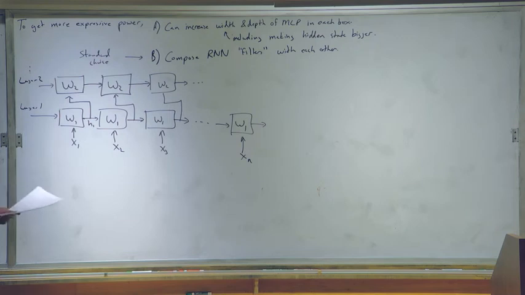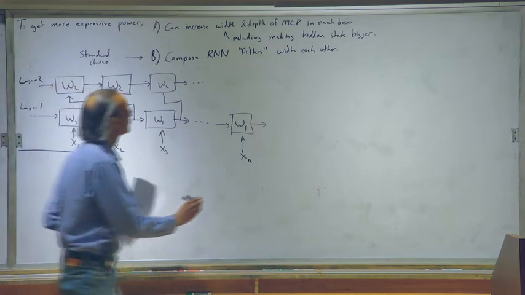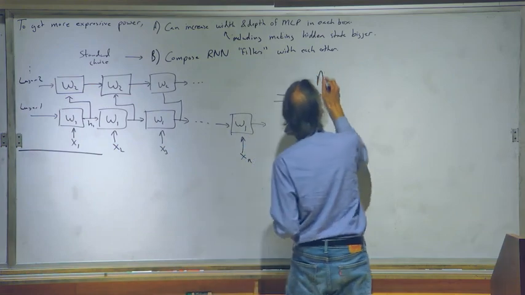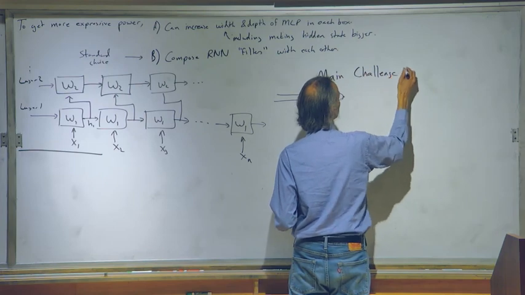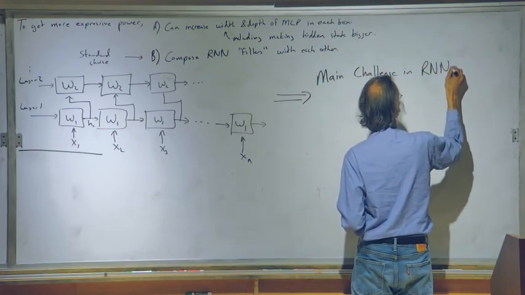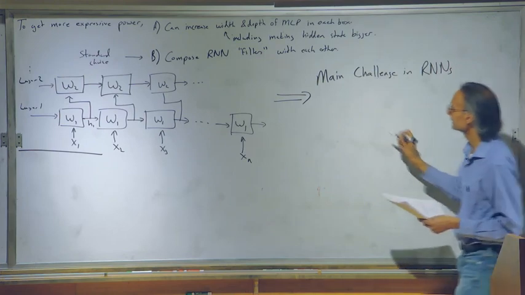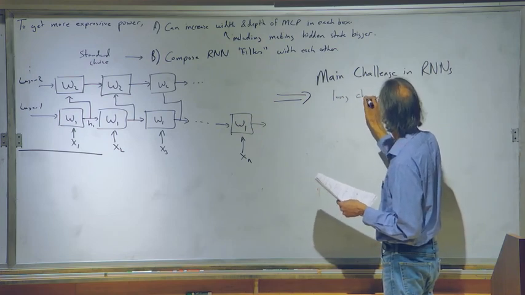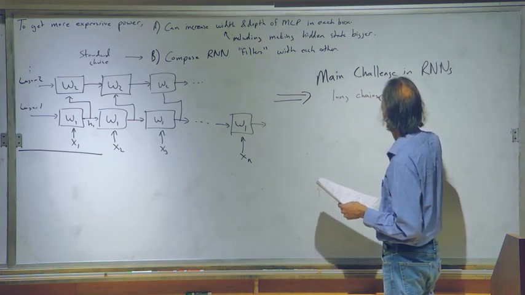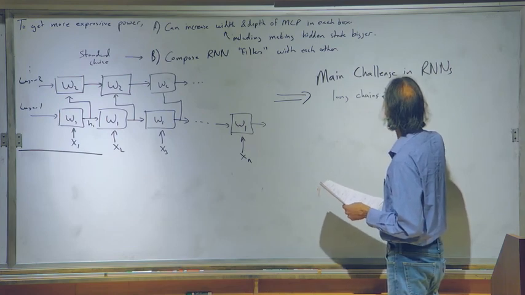Okay, so now we get to the main challenge. Maybe I'll write it over here. The main challenge in RNNs is long chains to backprop through.